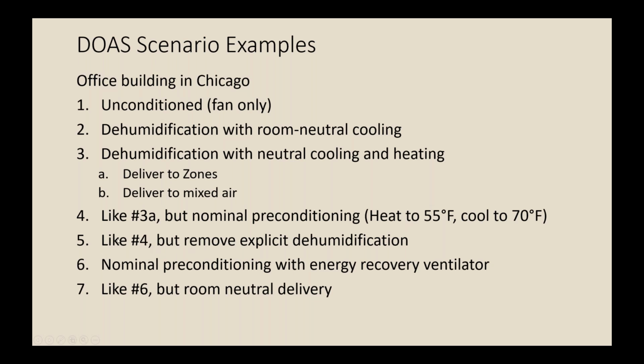Number 5 is like number 4, but we're removing the explicit dehumidification. It still has heating and cooling, but it's not controlling to a humidity set point. Number 6 goes back to the nominal preconditioning, the 55 to 70, but adds an energy recovery ventilator. And the final one is like number 6, but with a room neutral temperature delivery.